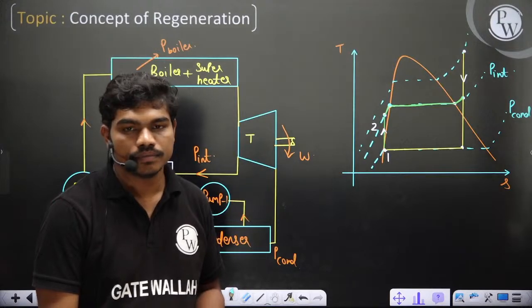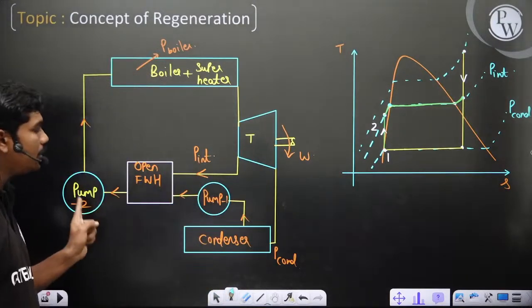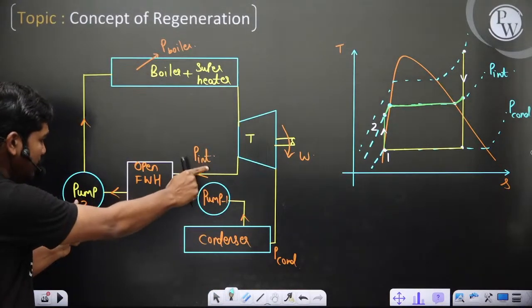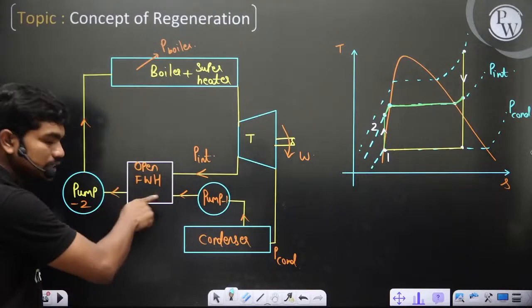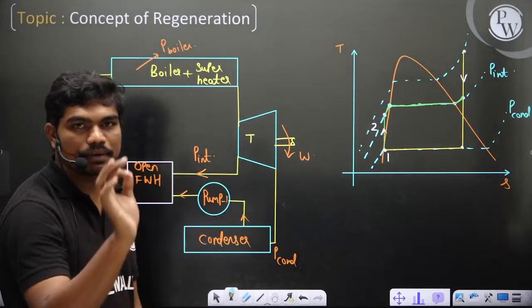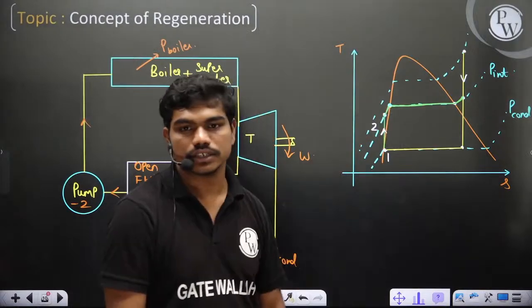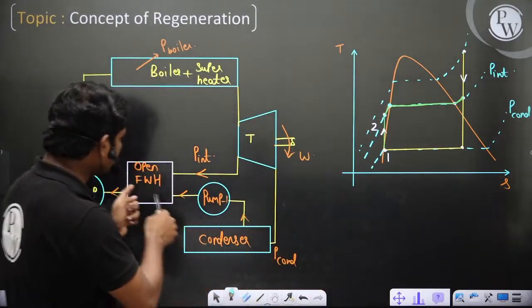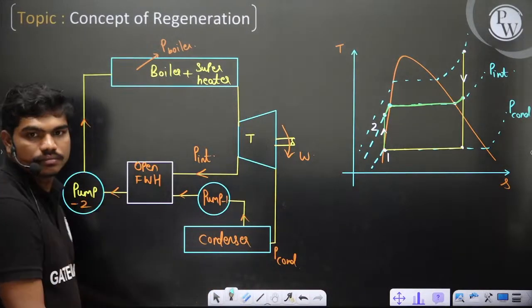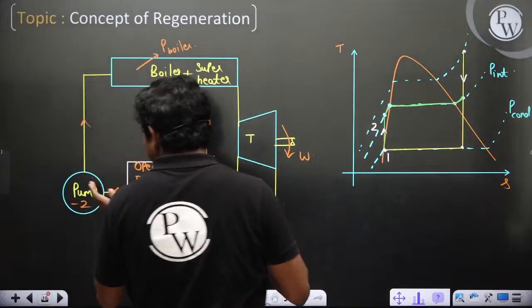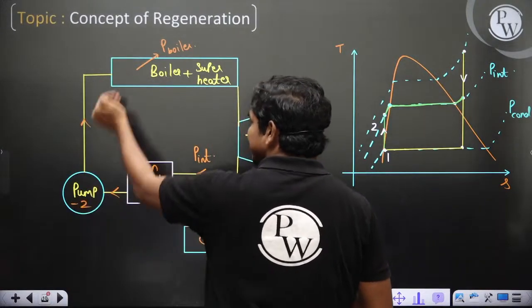Clear? If you want to send this steam into the pump, the heat transfer inside should be in such a way that steam gets completely converted to liquid. That's why these 2 points meet at this location, because the final outcome is at equilibrium. Okay, now once it comes here, pump 2 will raise the pressure from P intermediate to P boiler.